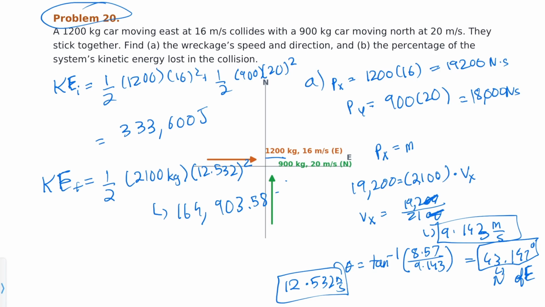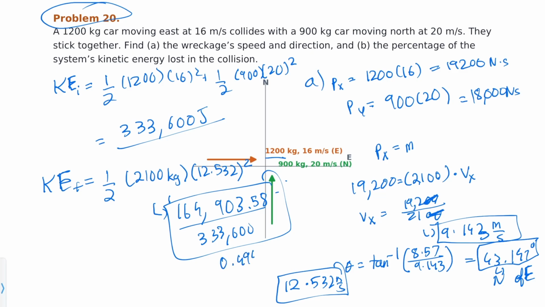What's the percentage of the system's kinetic energy lost? Well, that's just this over our total kinetic energy, right? And let's see what this gives us. So I got about 49% here, 0.494. So approximately 49%.